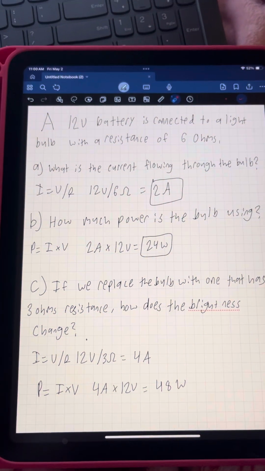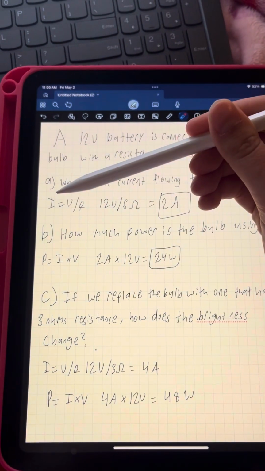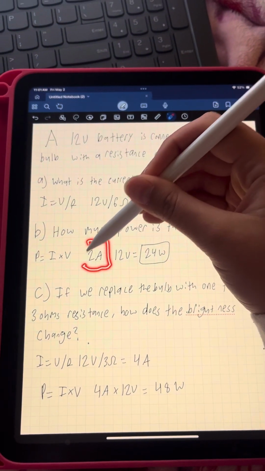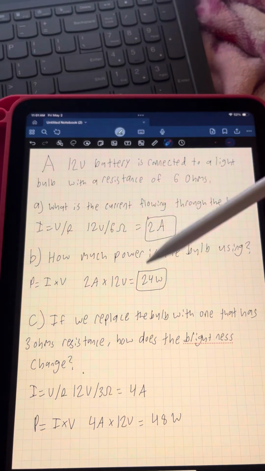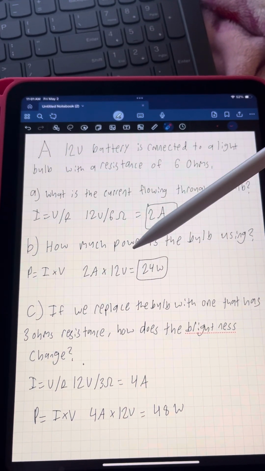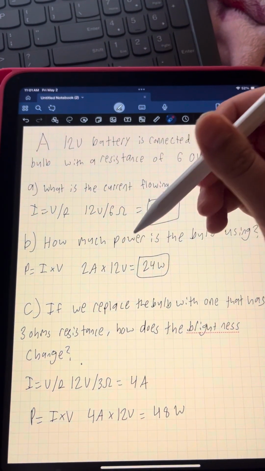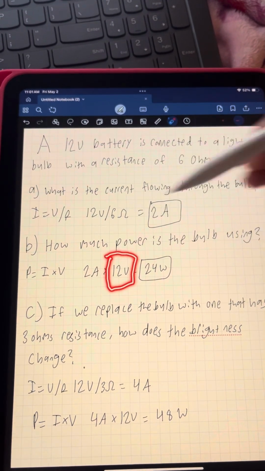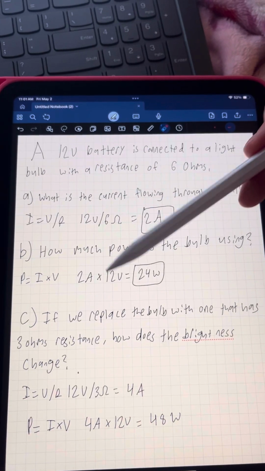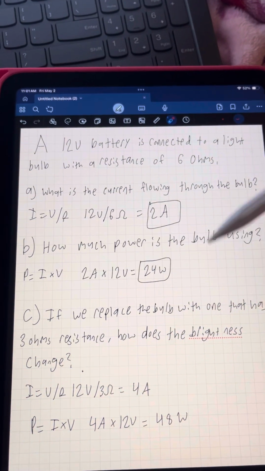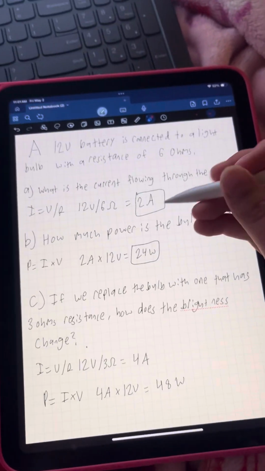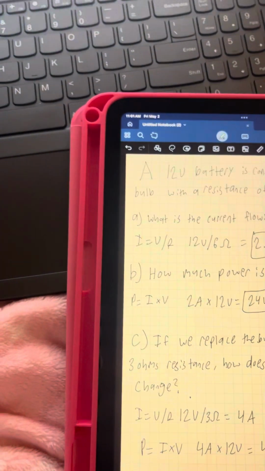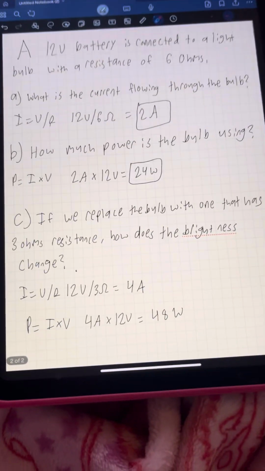Since we found the current from the last question, we're going to take that 2 amps and plug it in here. So 2 amps is the current, and the 12 volts is from the 12-volt battery, that's our voltage. Then we get 24 watts for the power. That's how much power the bulb is using.